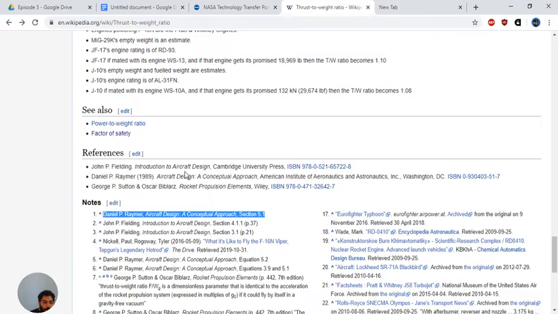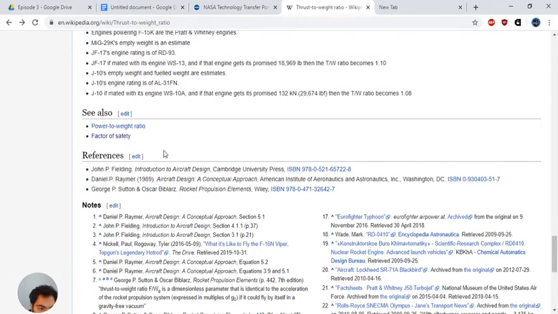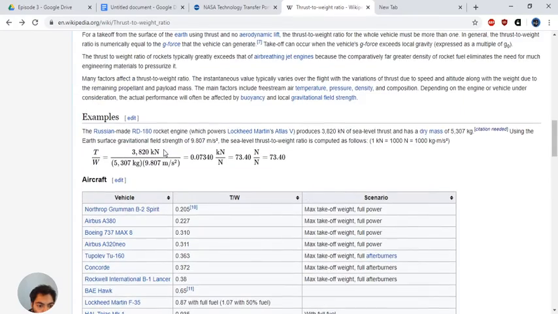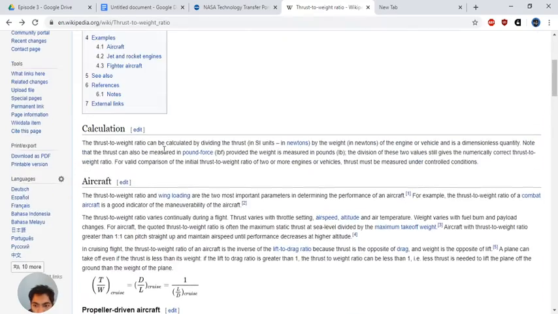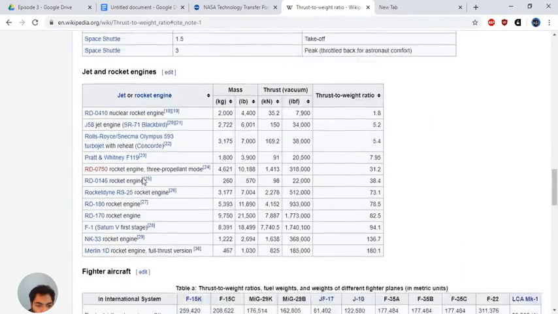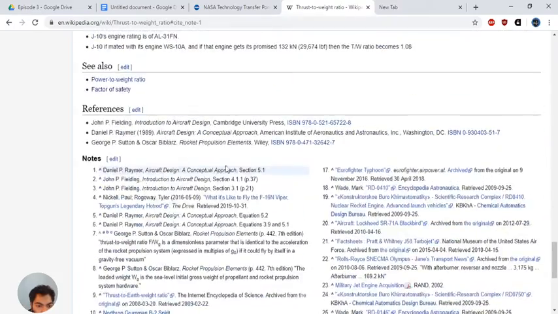I think they use this, I don't know. Yup, they used one, right? I'm gonna use one. I'm gonna cite one.